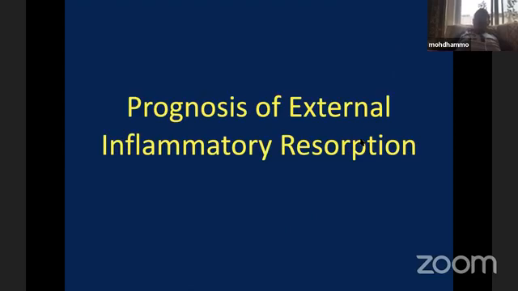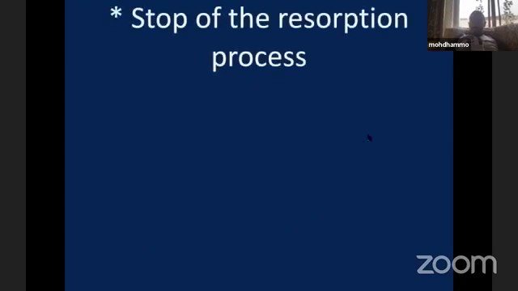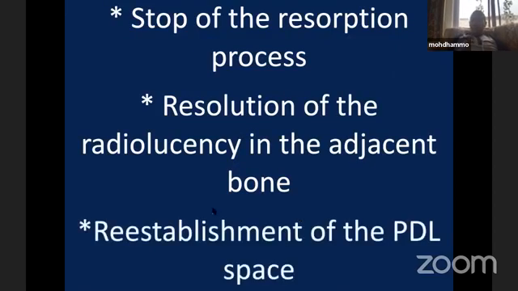What about the prognosis of external inflammatory resorption? We can evaluate the healing by the stop of the resorption process, resolution of radiolucency in the adjacent bone, and re-establishment of the periodontal ligament.